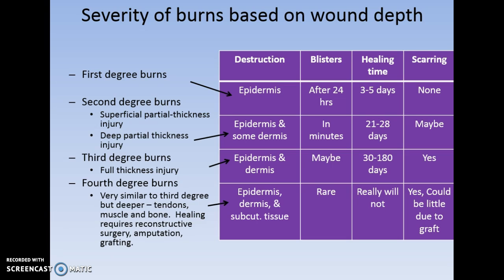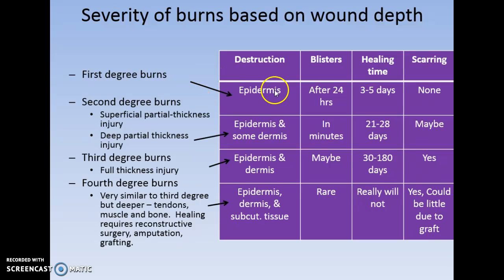Okay, this table here is similar to table 41.8 in your textbook. And really what this focuses on is the destruction, what is being destroyed within the burn injury itself.